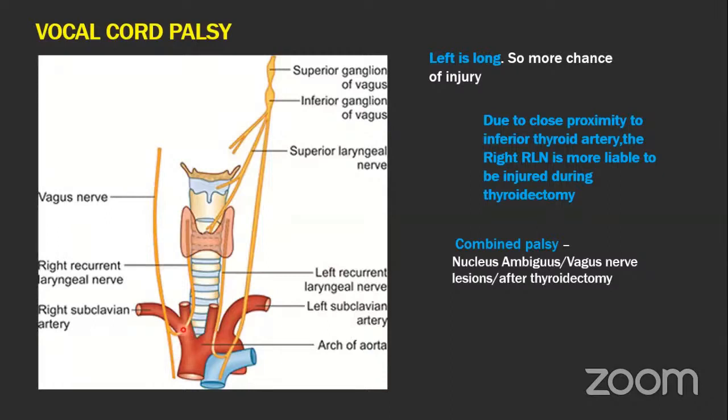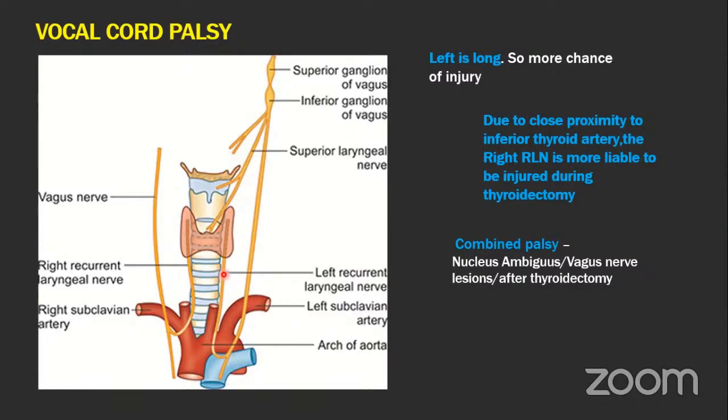It hooks around the subclavian artery and ascends between trachea and esophagus. On the left side, it goes into the mediastinum and then arches around the arch of aorta and then ascends to the neck to lie in the tracheoesophageal groove.